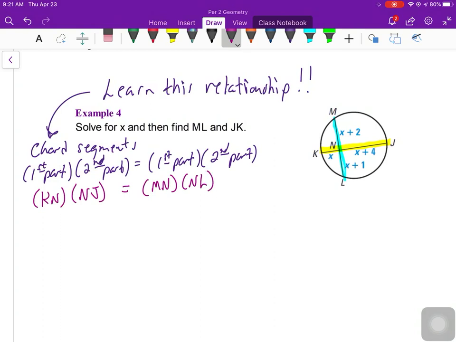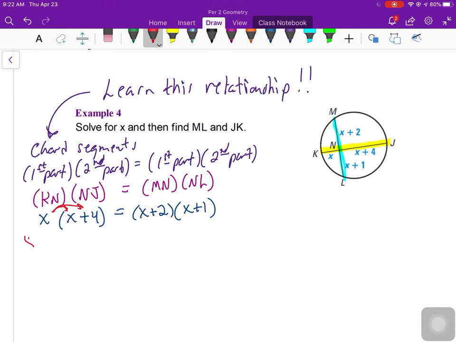Now let's fill in what we know. So we know that KN is x. We know that NJ is x plus 4. We know that MN is x plus 2. We know that NL is x plus 1. And now we're going to use that algebra that we just reviewed in the first week.